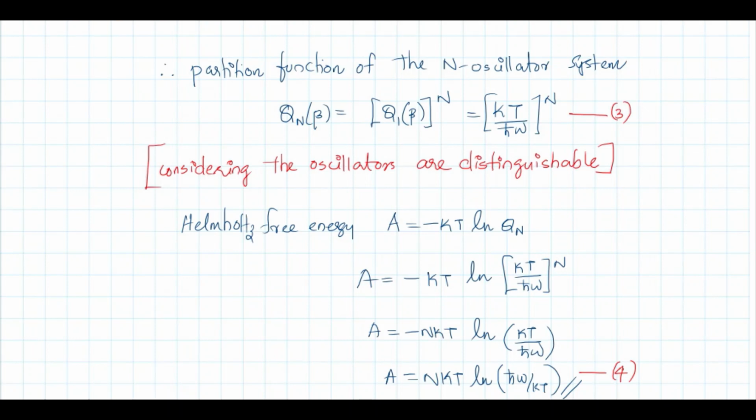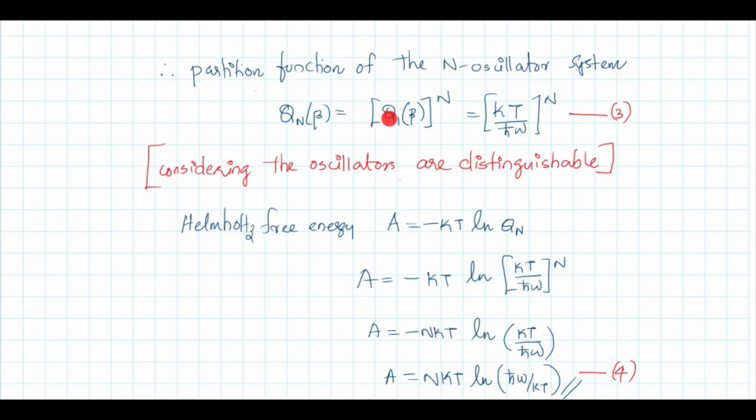Now, for the n oscillator system, we can write the partition function as qn of beta is equal to q1 of beta raised to n. In our actual expression, if the system is indistinguishable, there will be a 1 by n factorial that we discussed in the earlier classes, and here we are treating the oscillators as distinguishable, so no need to write the 1 by n factorial.